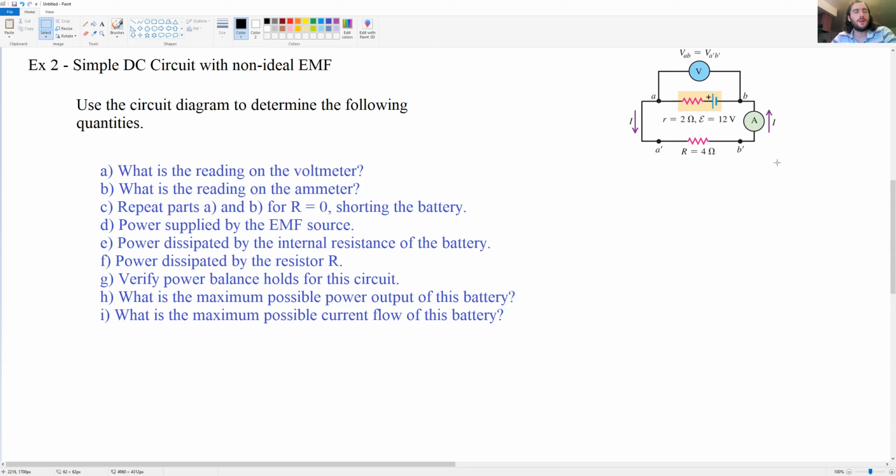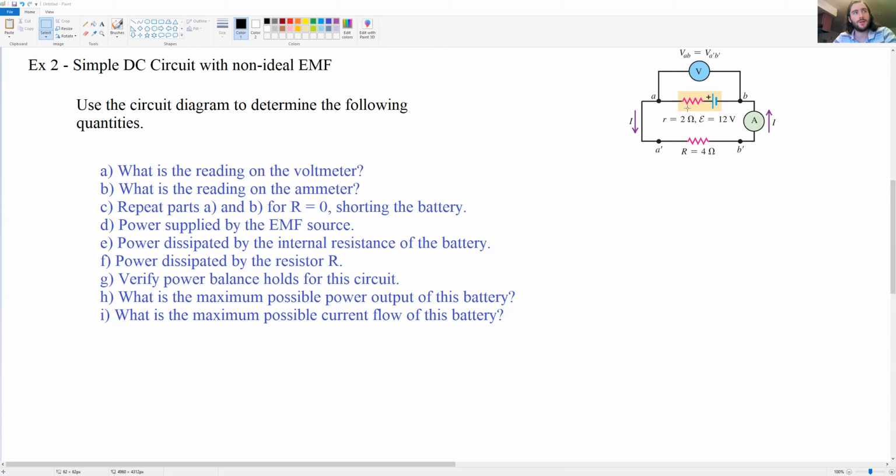Right. So if the voltmeter has a potential difference equal to the potential difference across the terminals of the battery, then the voltmeter can only measure the voltage across the terminals of the battery.